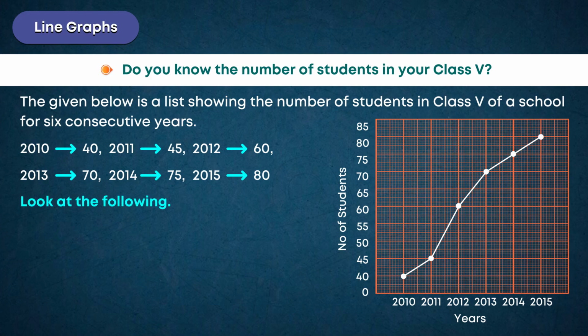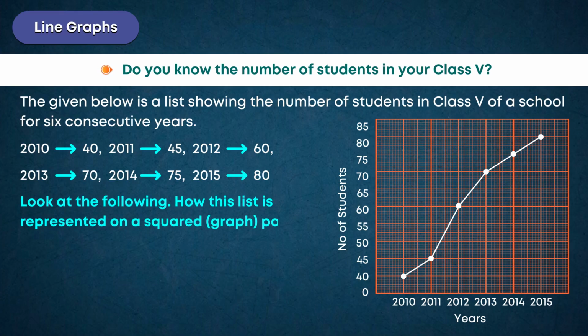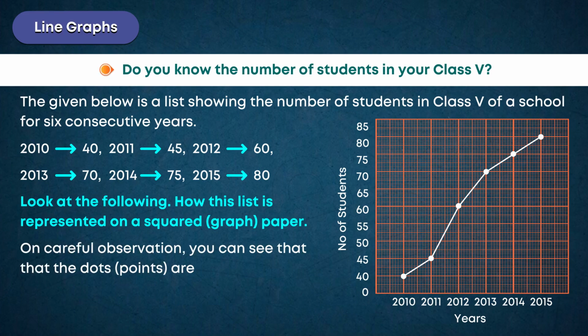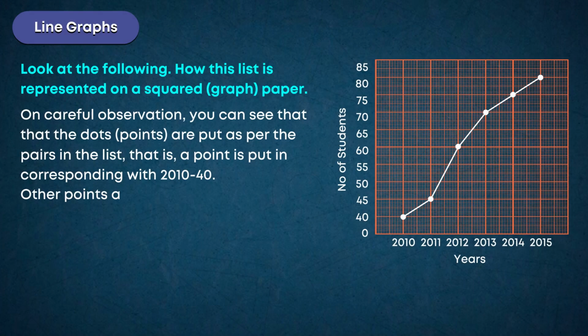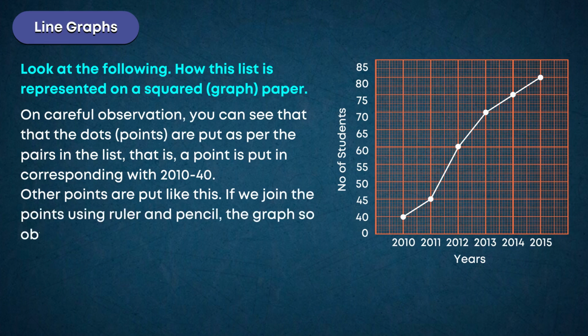Look at the following, how this list is represented on squared graph paper. On careful observation, you can see that the dots, points, are put as per the pairs in the list, that is, a point is put corresponding to 2010 and 40. Other points are put like this. If we join the points using a ruler and pencil, the graph so obtained is called a line graph.